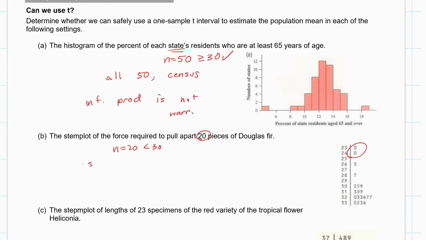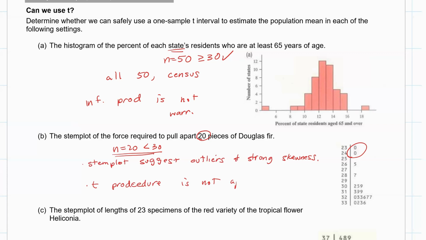So in this case, the stem plot suggests outliers and strong skewness. Right? And that in combination with our sample size means the T procedure is not appropriate.